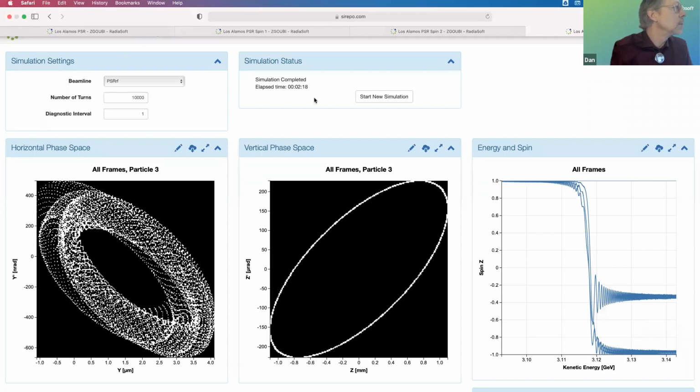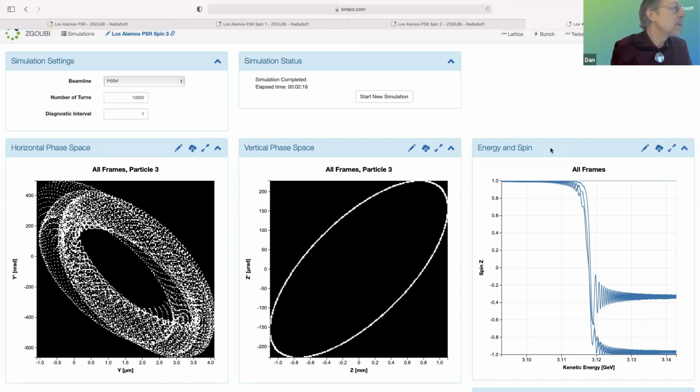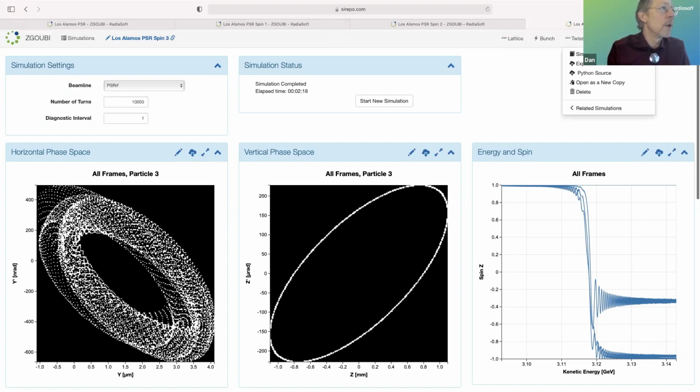The question here is, how do I continue outside of the Sarepta interface? In this gear icon, I can export this simulation as a zip file.